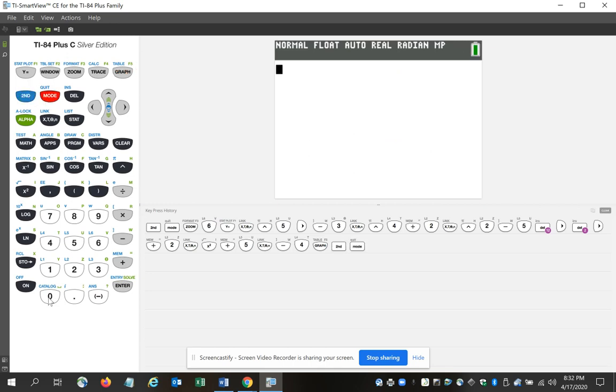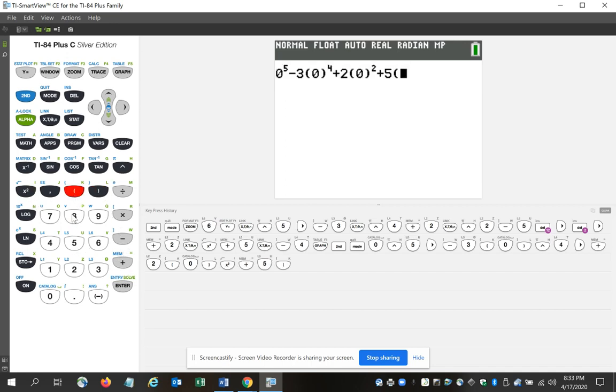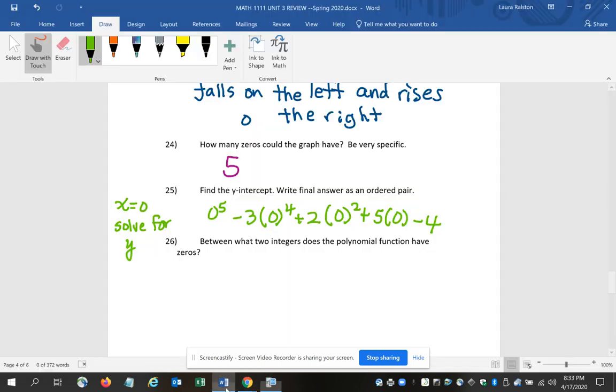So I would go 0 raised to the 5th, get out of the exponent, minus 3 parentheses 0 parentheses raised to the 4th, out of the exponent, plus 2 parentheses 0, close them, squared, plus 5 parentheses 0, close them, minus 4, and enter. And you should get a value of -4.